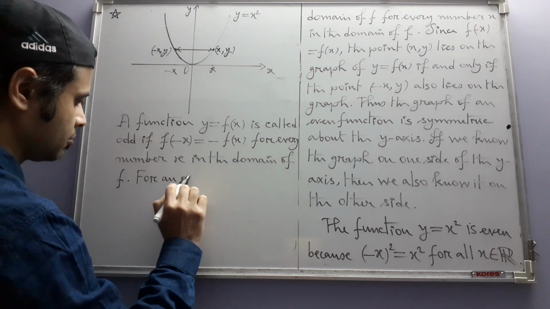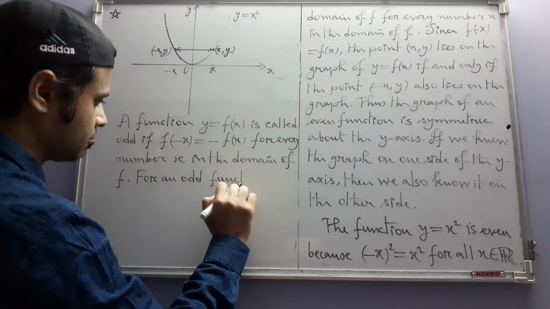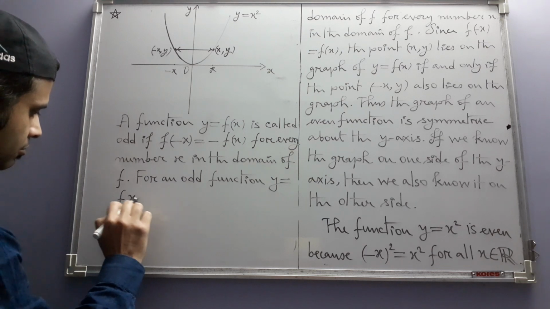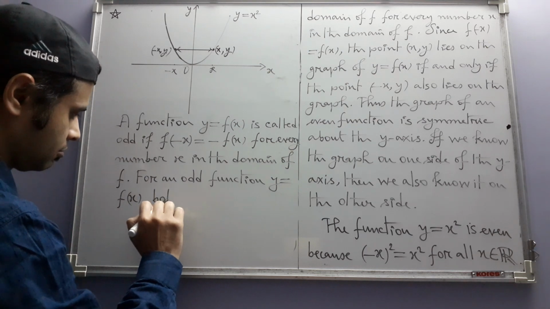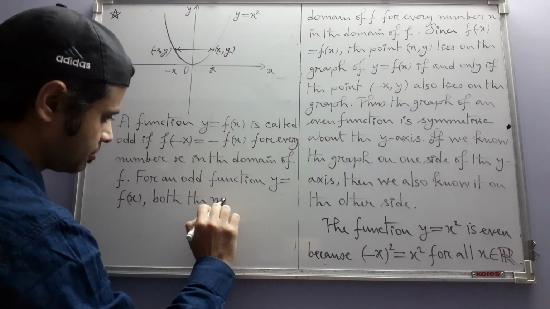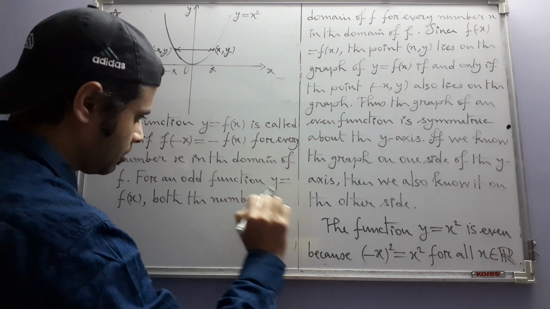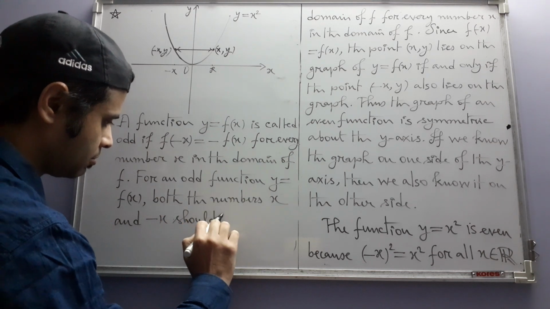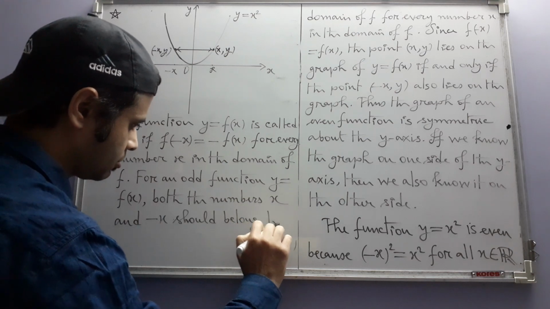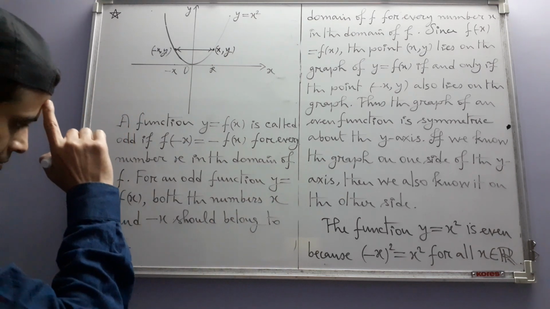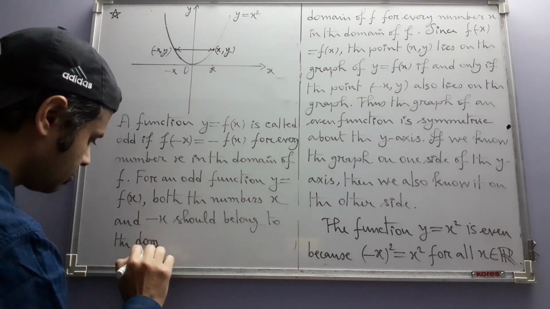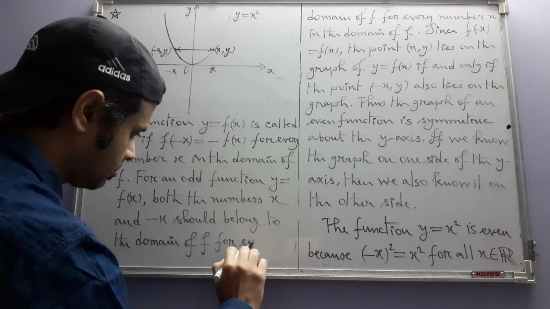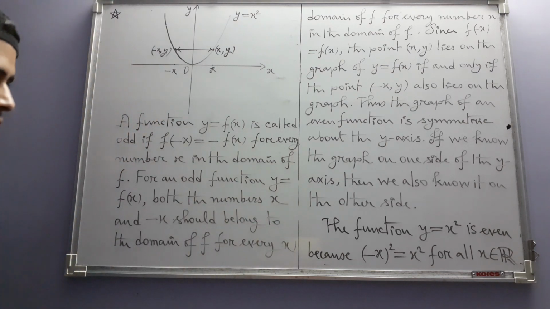Just like before, for an odd function, both the numbers x and minus x should belong to the domain of f for every x in the domain of f.